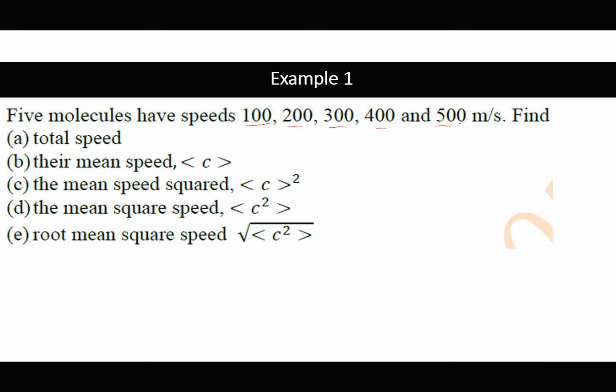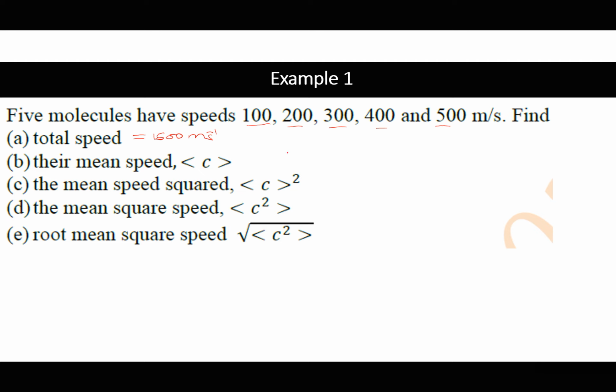I think this doesn't need a calculator. The total is 1500 meters per second. That is the total speed. Then find their mean speed. Mean, you just take the total divided by the number.